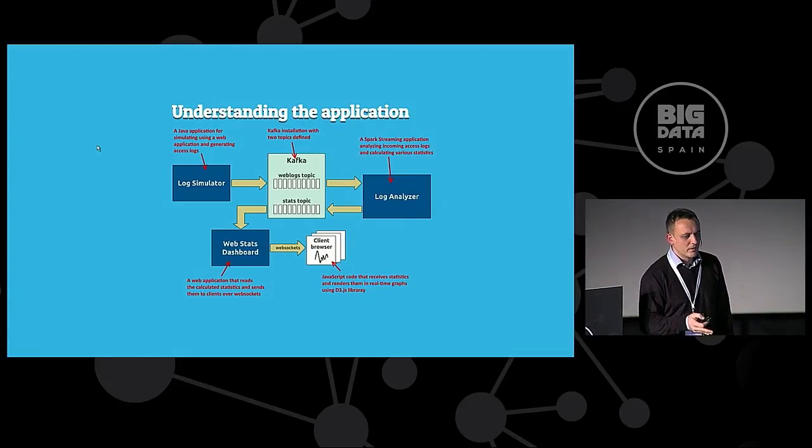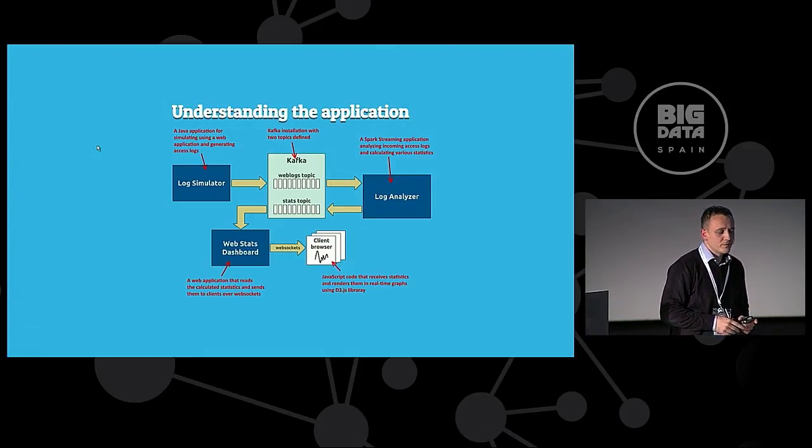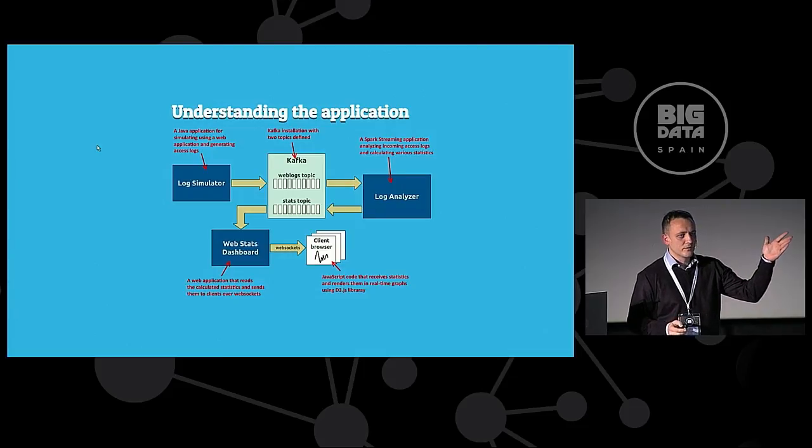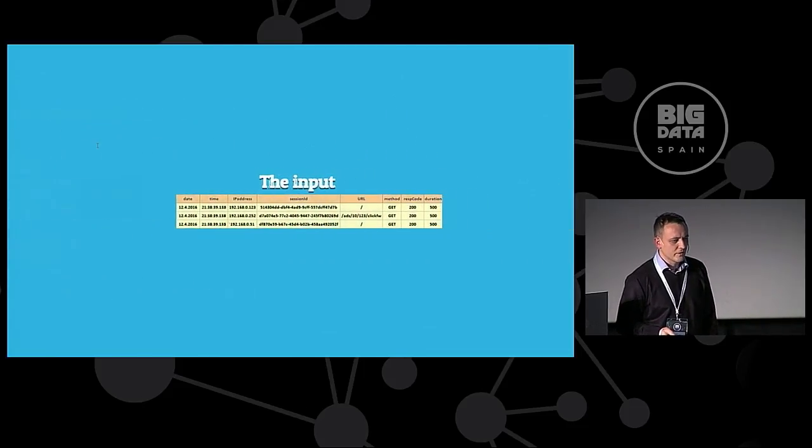And there's a web stats dashboard application, that's a Java web application, which is just transferring those results over WebSockets to JavaScript clients, which are displaying it on a moving graph with the D3.js framework.